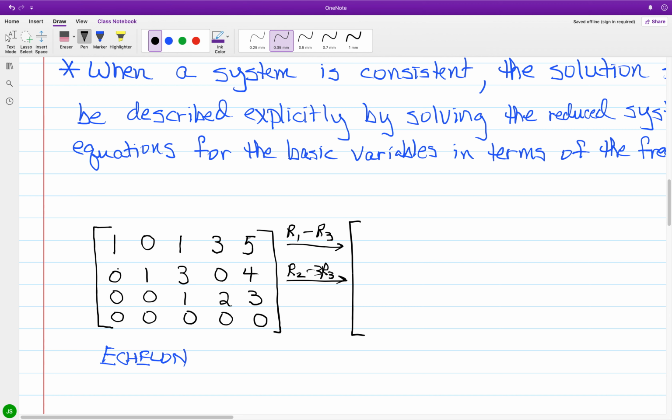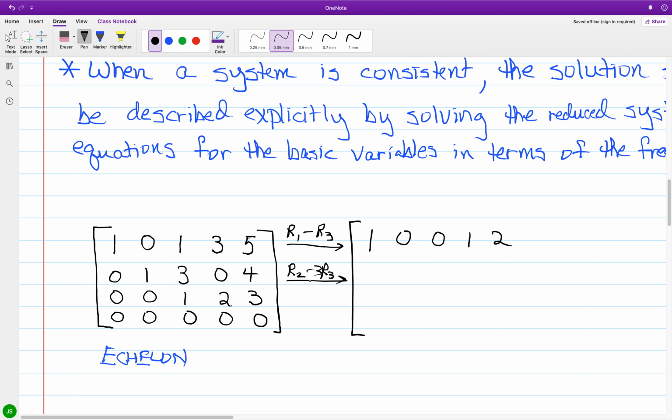So I got 1 minus 3 times 0 is 1. And then we have 0 minus 0 is 0. And you got 1 minus 1 is 0. And then we have 3 minus 2 is going to be 1. And then we have 5 minus 3 is going to be 2.